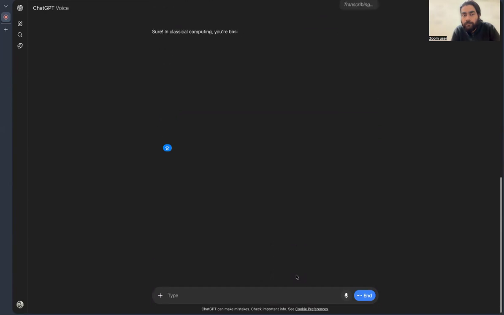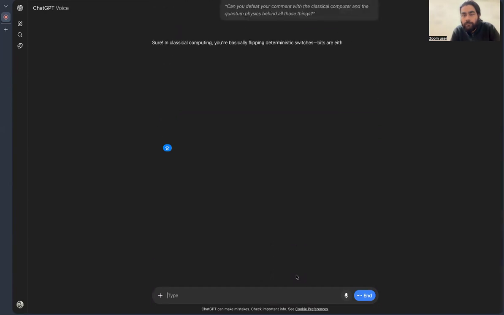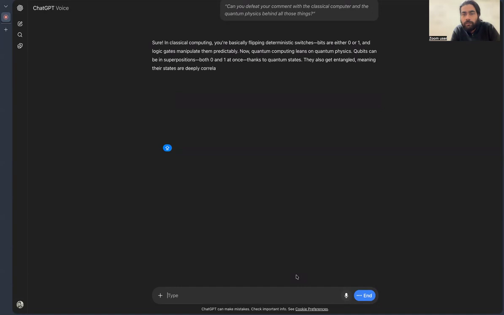Sure. In classical computing, you're basically flipping deterministic switches. Bits are either 0 or 1, and logic gates manipulate them predictably. Now, quantum computing leans on quantum physics. Qubits can be in superpositions, both 0 and 1 at once, thanks to quantum states. They also get entangled, meaning their states are deeply correlated.